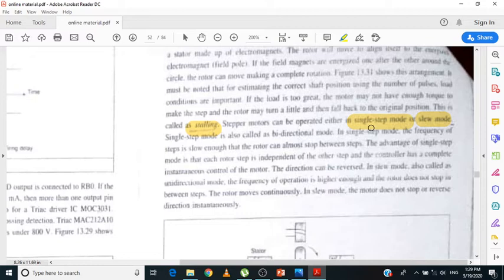If you give further instructions, it will rotate another 90 degrees, and another, like that. You can observe the steps, but you can't calculate the angle actually; it gives a halt between the rotations, between the step sizes. That is the single step mode of operation.